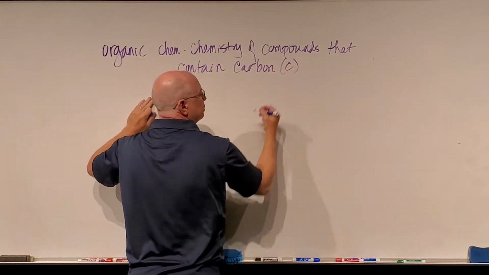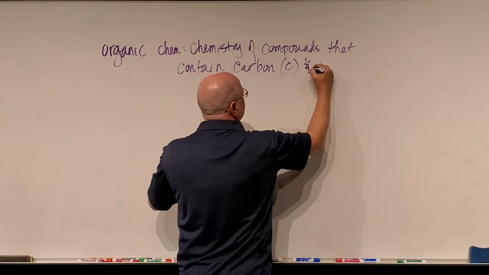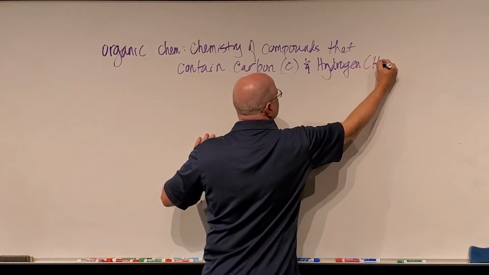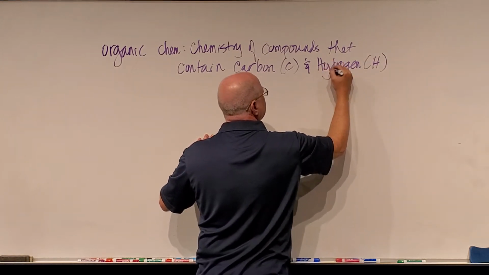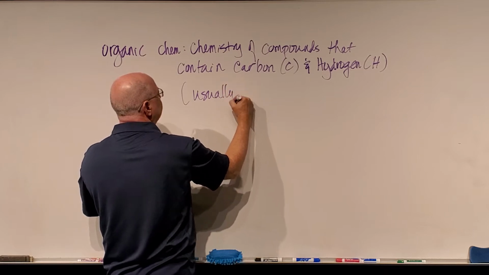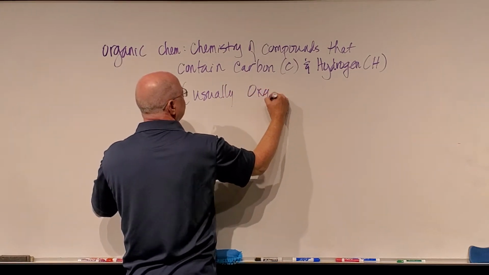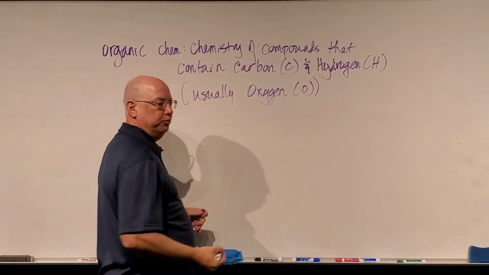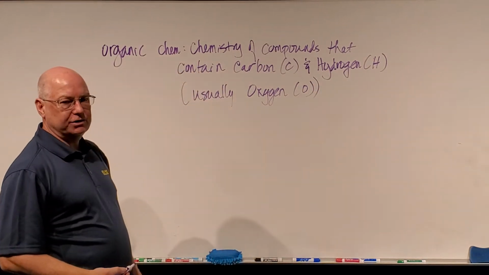Carbon has the atomic symbol C, and hydrogen, which has the atomic symbol H, okay? We also put usually oxygen, which has the atomic symbol O. But we don't have to have oxygen.